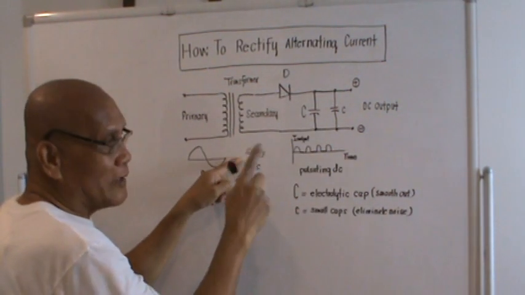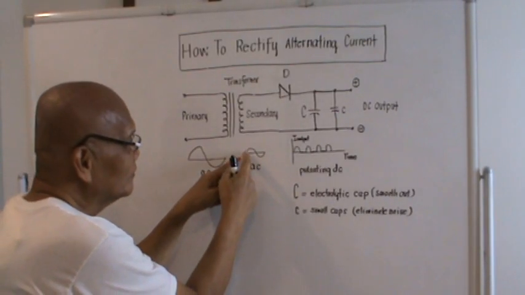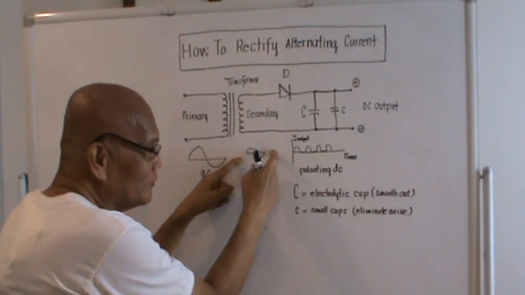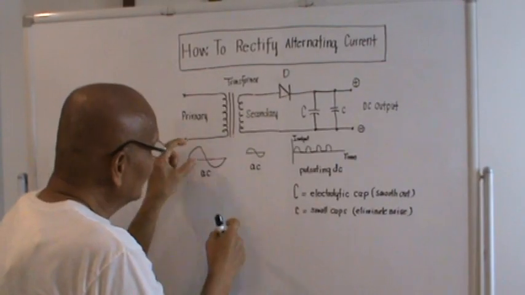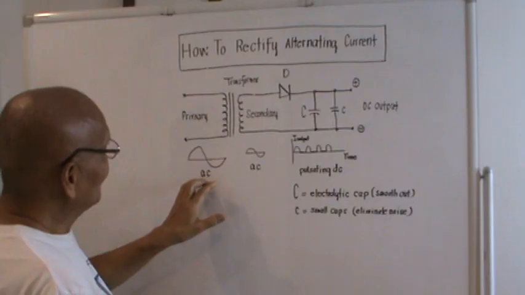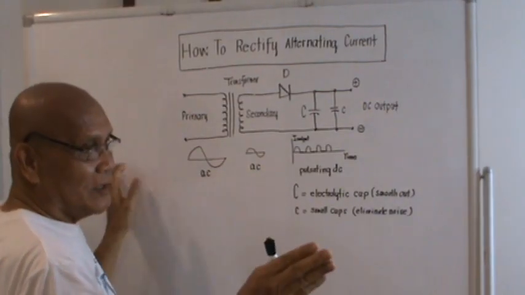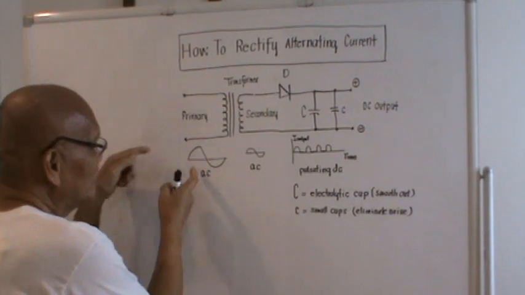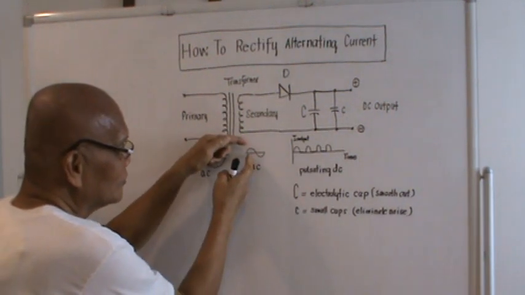If we bring out the graph of the alternating current, voltage and current, it is still a sine wave, but the magnitude is smaller than the primary side. So the waves of the primary and secondary are the same. The only difference is that on the primary side the magnitude is bigger, and on the secondary side the magnitude is smaller.